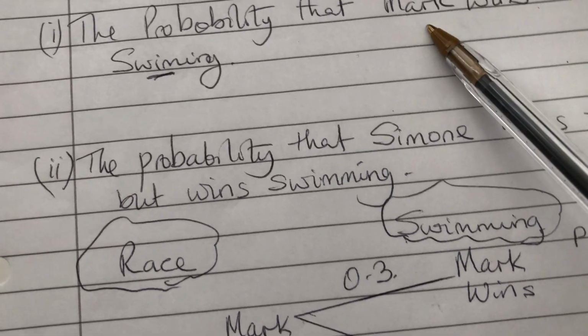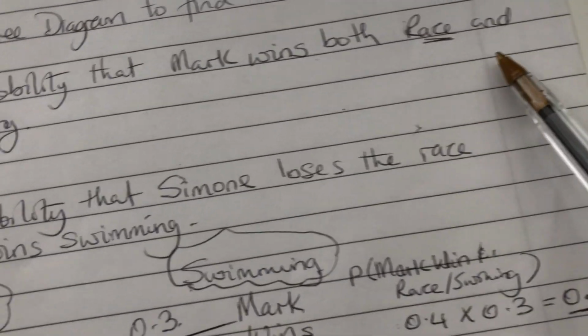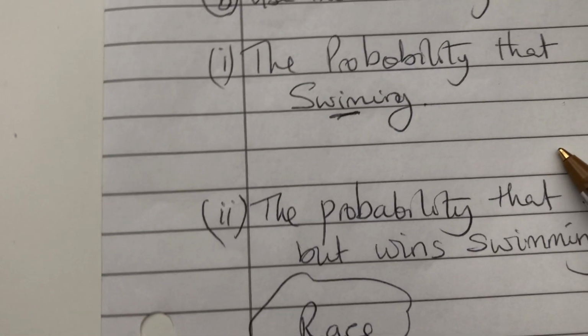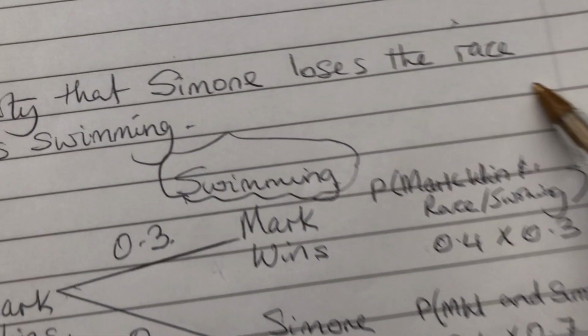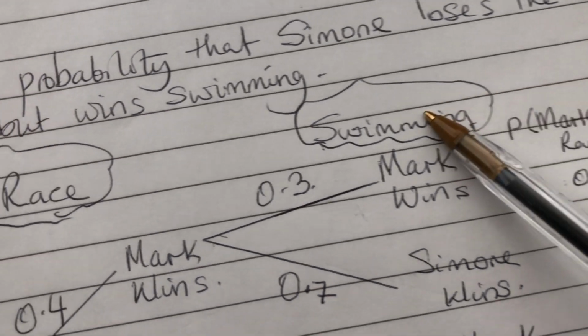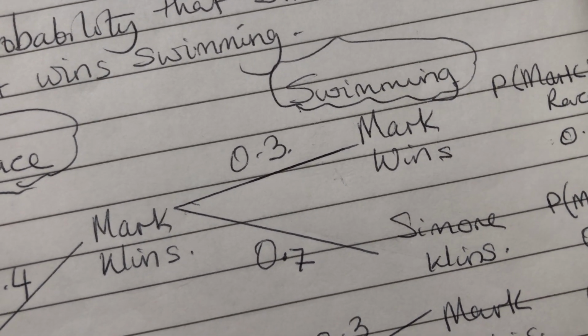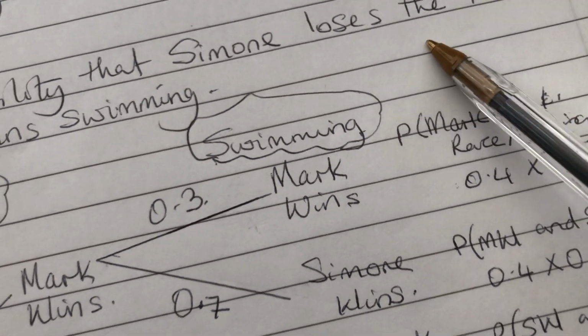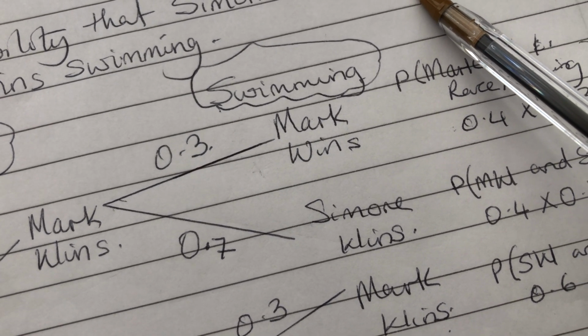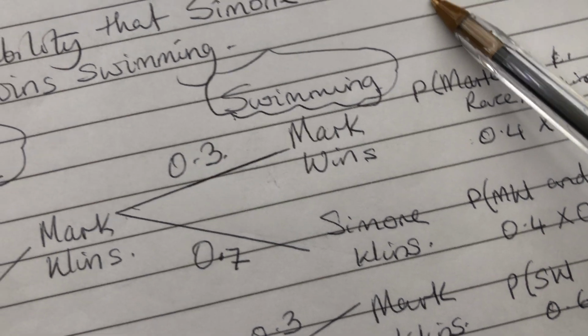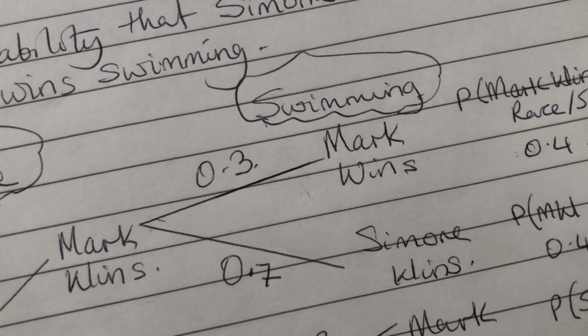Then use the tree diagram to find the probability that Mark wins both race and swimming, and the probability that Simon loses the race but wins the swimming.